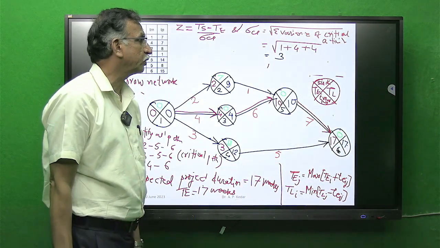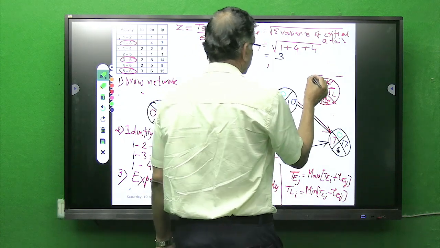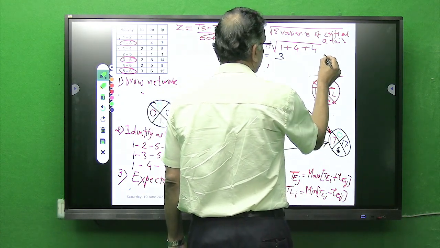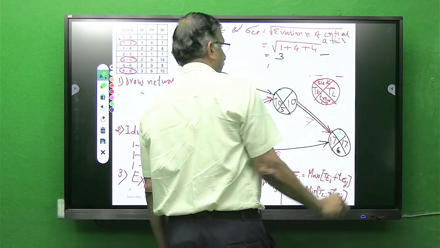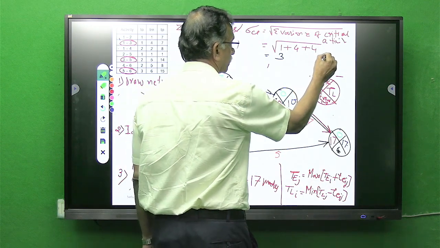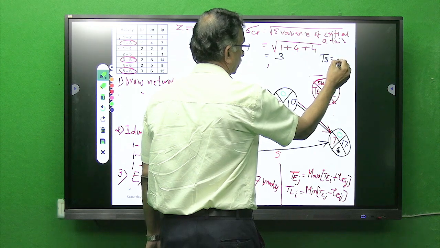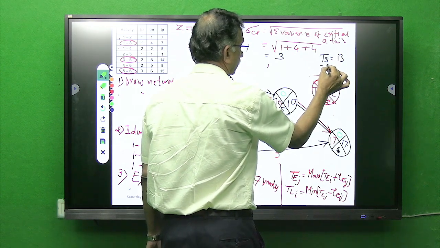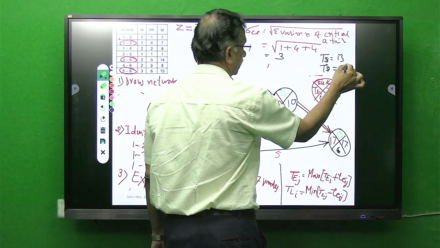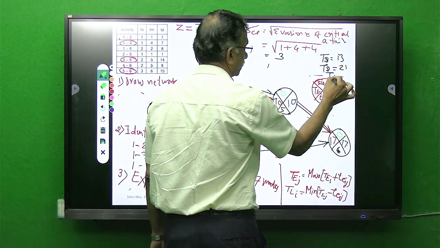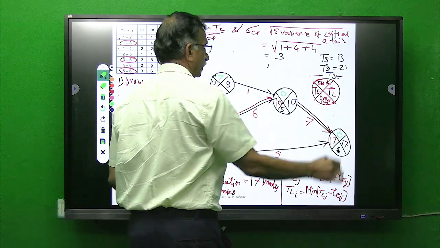Now we want to calculate the value of probability for 3 cases, and those 3 cases are Ts 13, Ts 21, Ts 17.